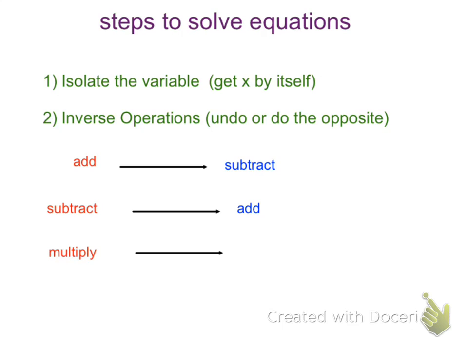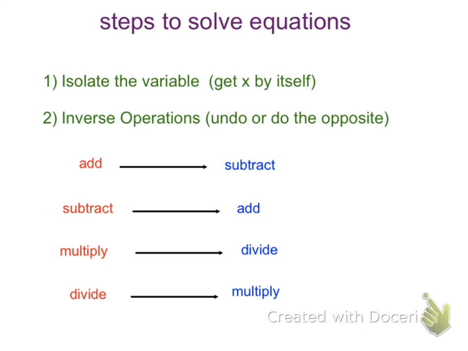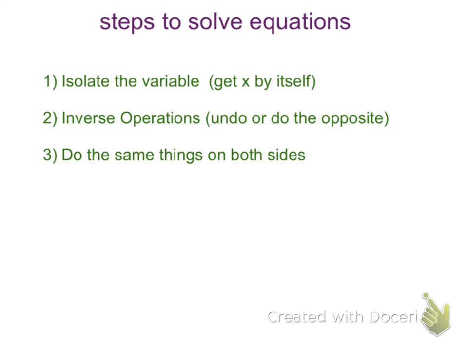If you are multiplying and you want to undo multiplication, you need to divide. And last, if you have division in your problem, to be able to solve the equation, you need to multiply. So that's just the way to undo. Good thing to write down though.